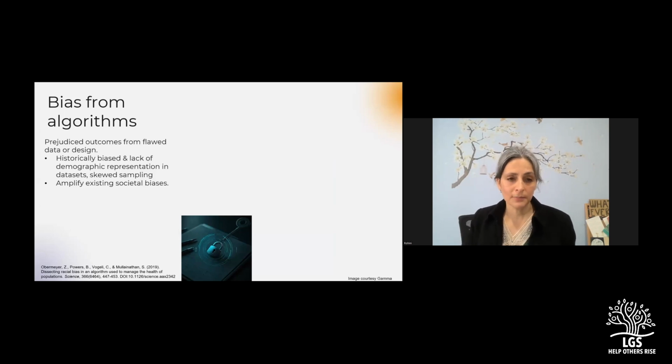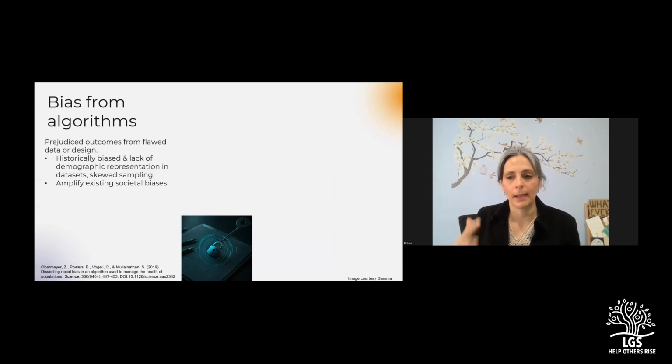When we're talking about biases, the AI system could, based on the data set we're presenting it with, amplify existing societal biases and recommend treatment modalities that may underperform for minority populations.